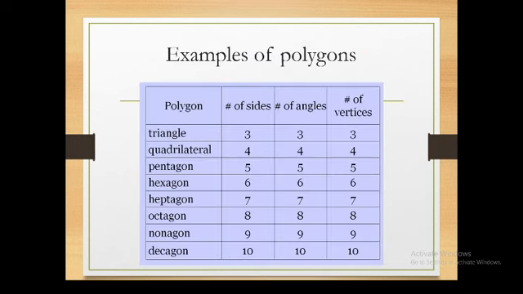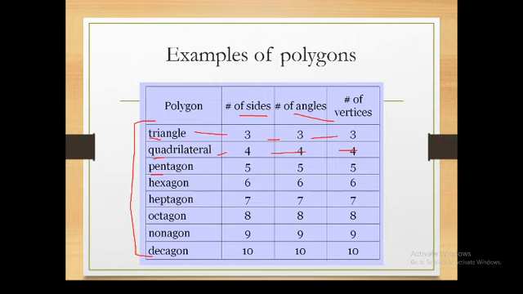Now there are a few more examples of polygons. Here we can see the names of polygons, the number of sides, number of angles and number of vertices. So a triangle has 3 sides, 3 angles and 3 vertices. A quadrilateral has 4 sides, 4 angles and 4 vertices. Now quadri means 4. Tri means 3.